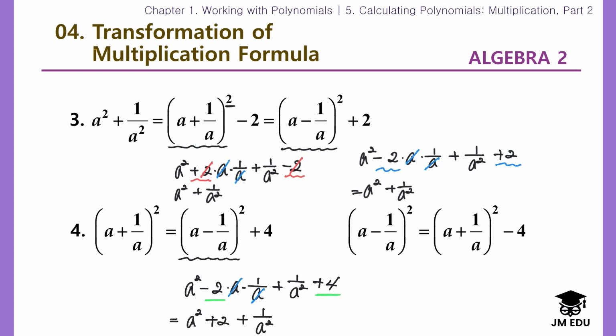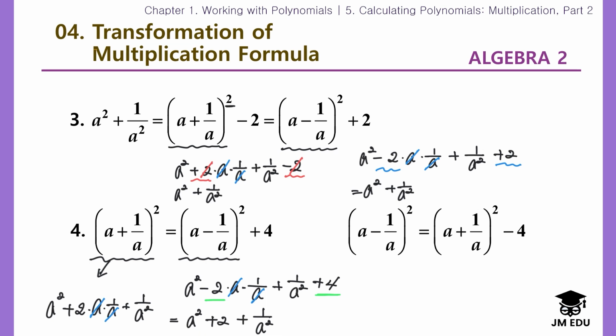So that is equal to a² + 2 + 1/a². That's actually equal to this, right? Because if we expand this, that's a² plus 2 times first term, second term, plus second term square. So a cancels out. That's a² + 2 + 1/a². So we check that, we see that this expression is equal to this expression right here, right?